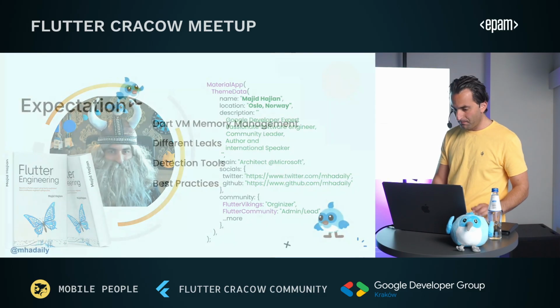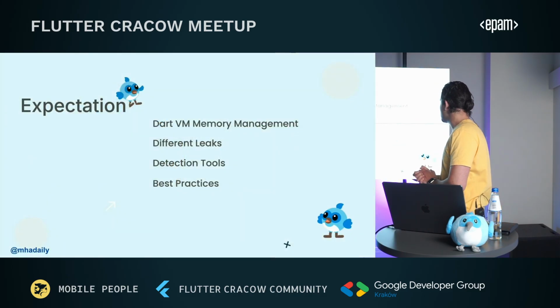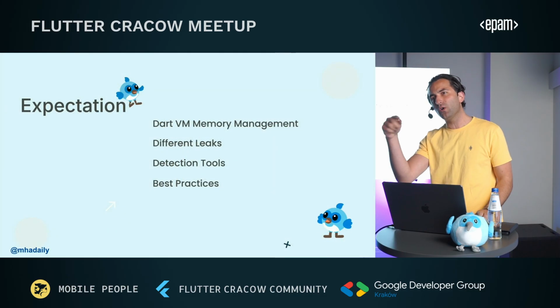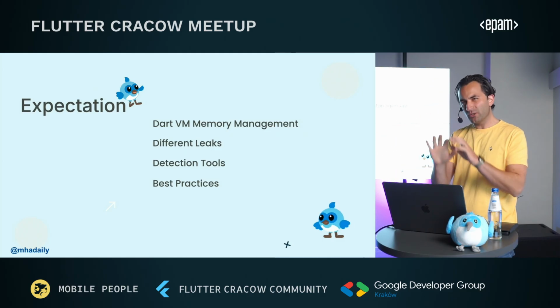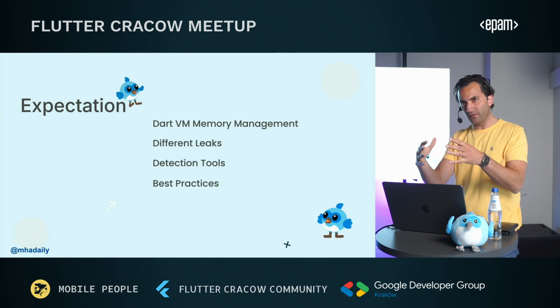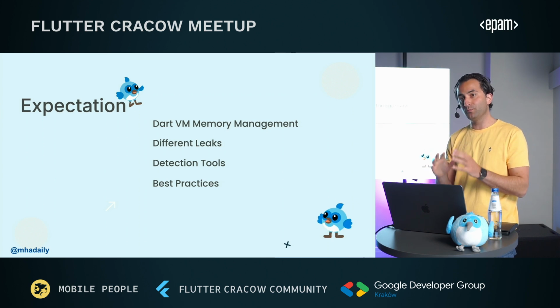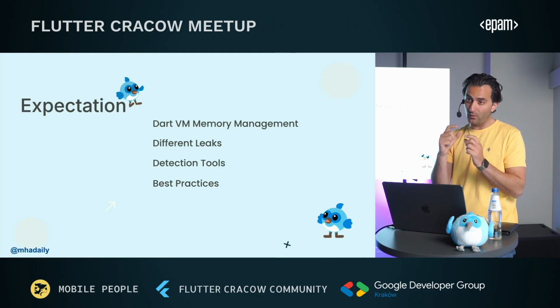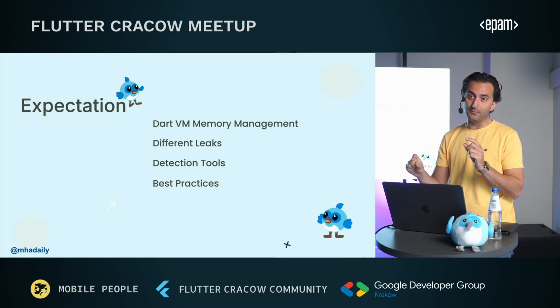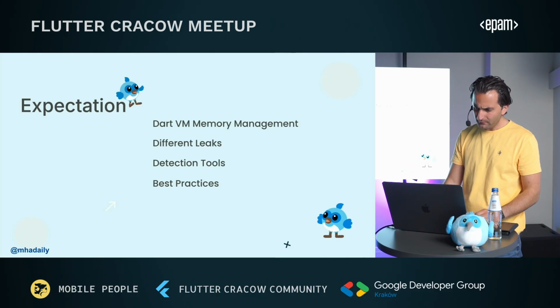What you will see today is a quick overview of the Dart VM. If you don't know how it really works, just a quick simplified version of it. I have some slides to show you, and there are a bunch of talks referenced here, so you can go and watch them to understand way deeper, if you want to go deeper.